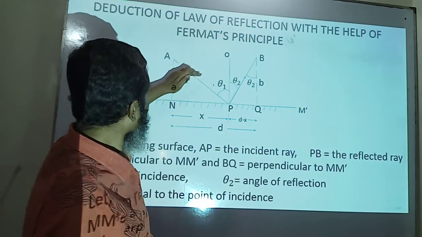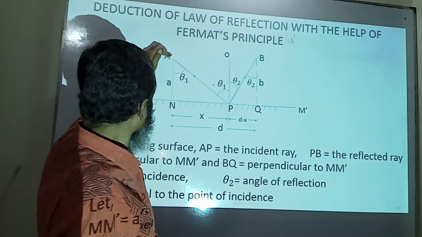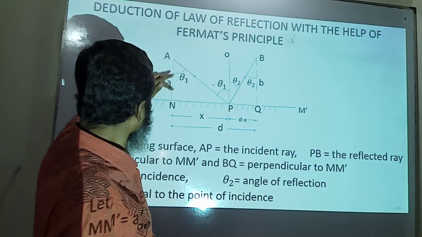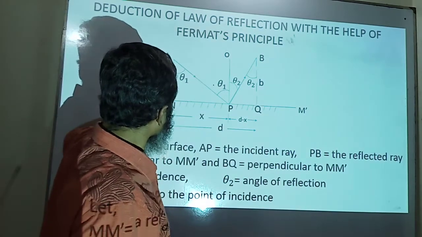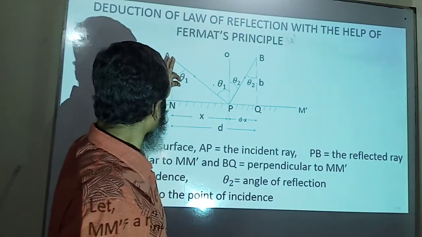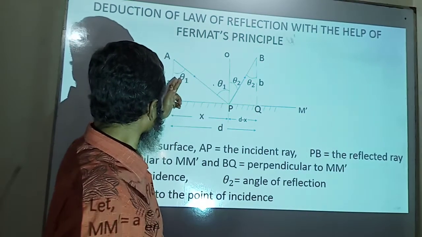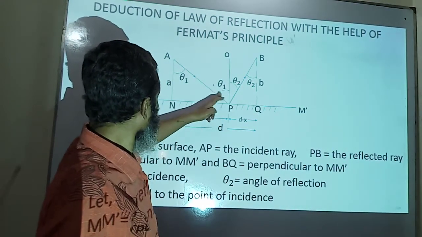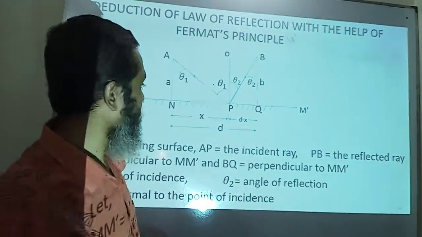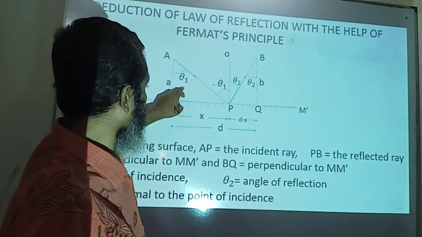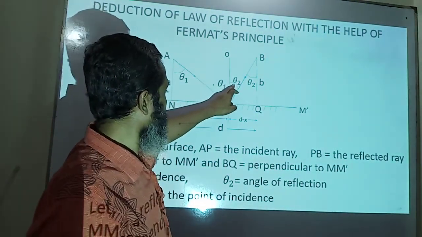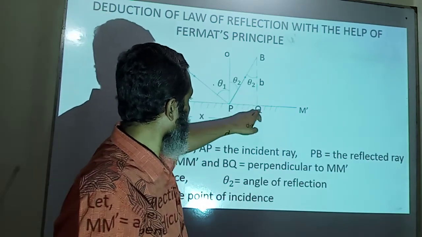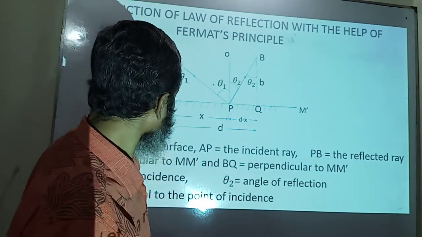Because the lines AN and OP are normal to the surface, so these are parallel, and AP is the transversal. So these are alternate angles, and we know alternate angles are equal. That's why this angle will also be theta 1, and similarly this angle will also be theta 2.